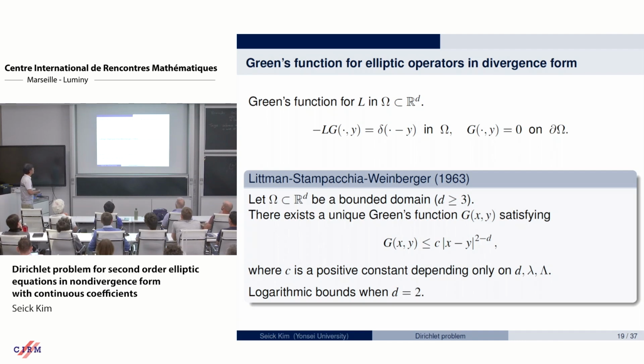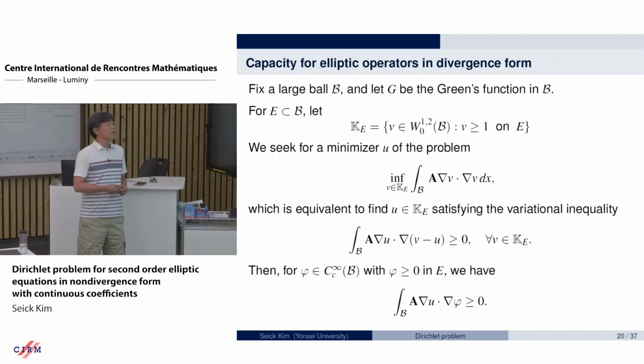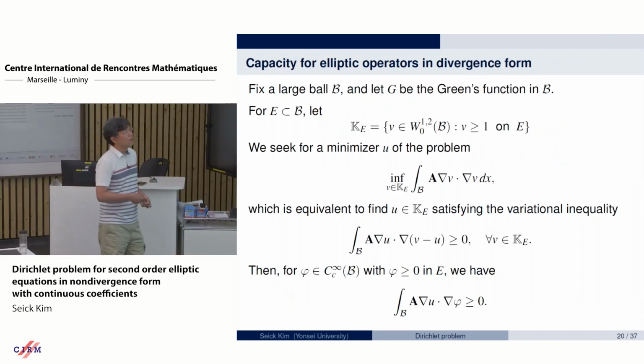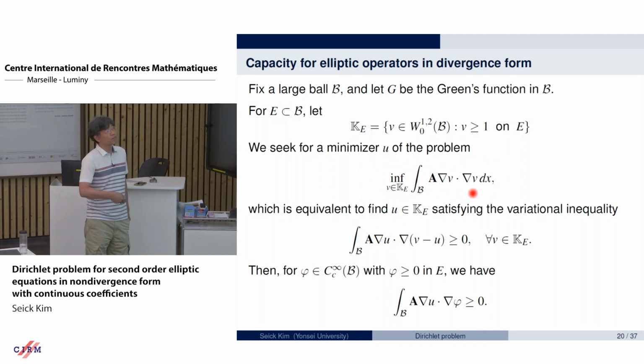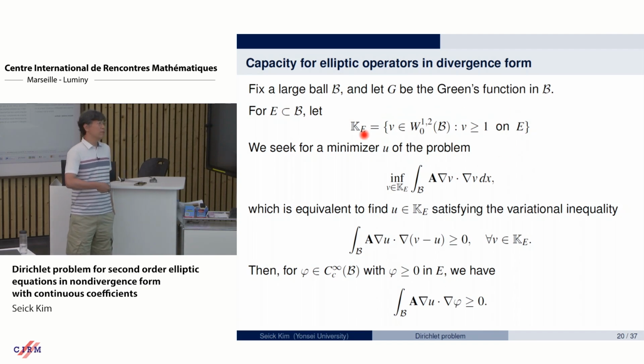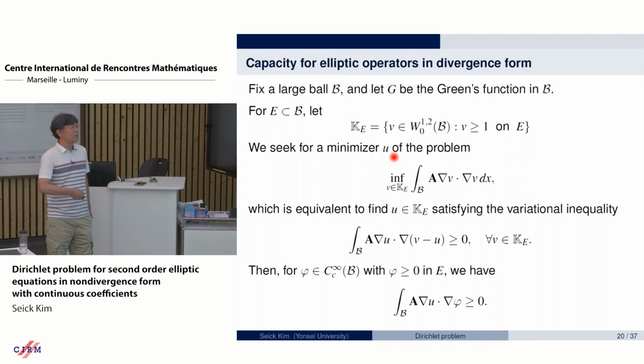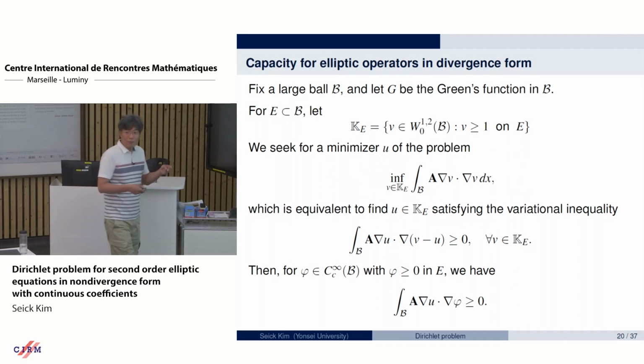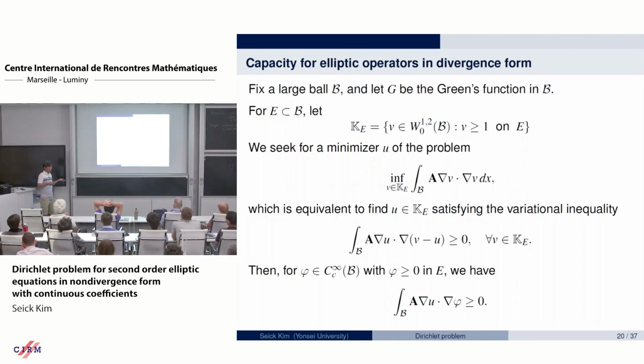And then you can have, okay, now think about that. All right, so you just want to minimize this quantity. First we fix a ball, and you think about the Sobolev function which is bigger than or equal to 1 on a certain set E. Under this restriction, you look for the minimizer of this problem. If you think about the Laplace case, it's exactly the same thing, right?